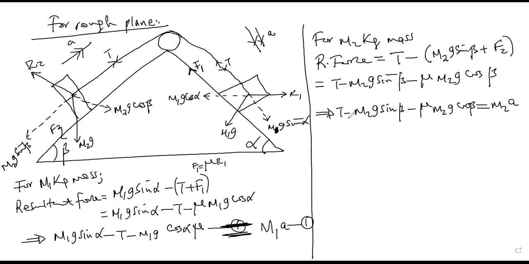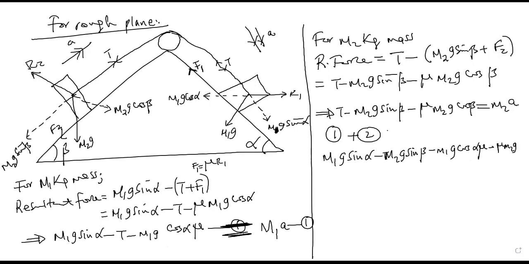Now, looking at these two equations, when you add equation 1 and equation 2, you're going to have m1g sine alpha minus T minus m2g sine beta, and T and T will cancel, so we shall have minus m1g cos alpha mu minus mu m2g cos beta equal to m1a plus m2a.